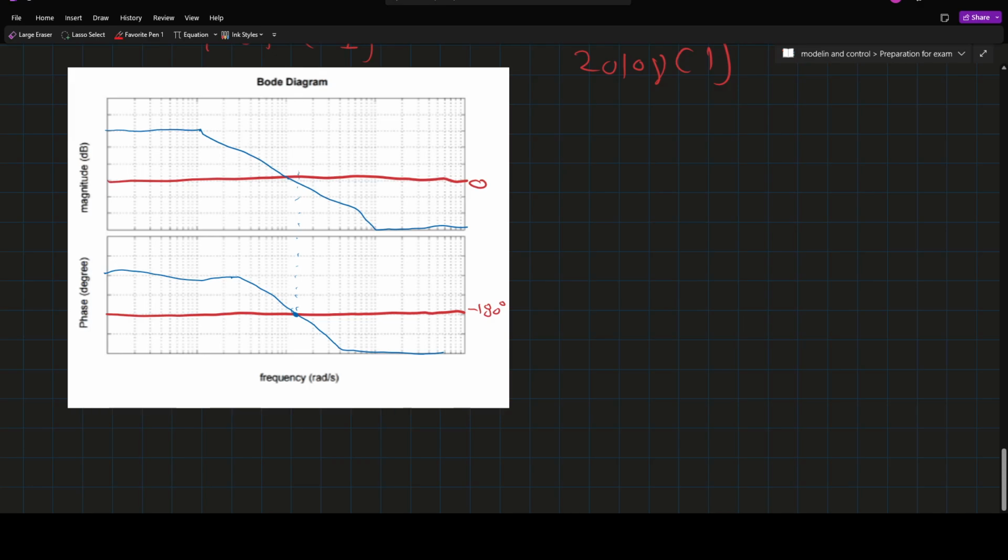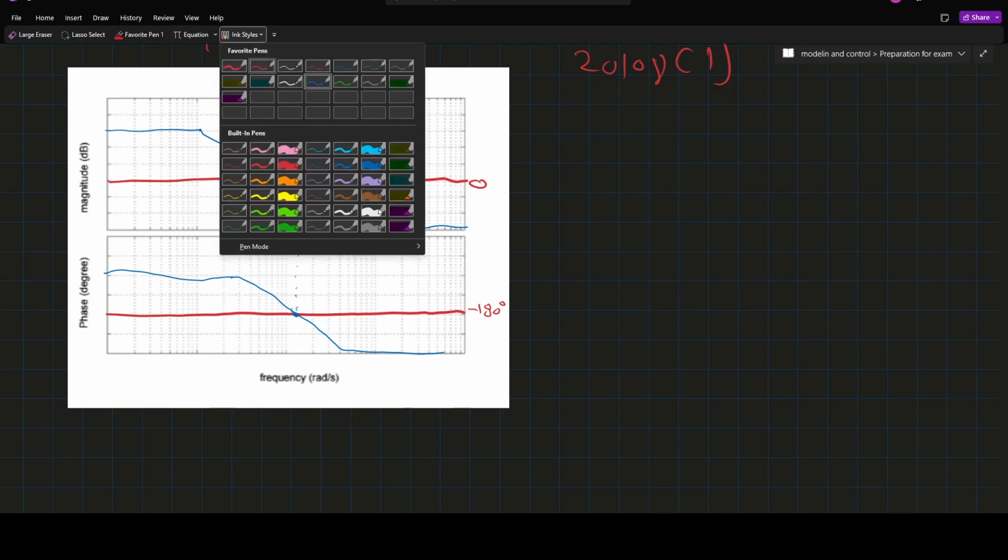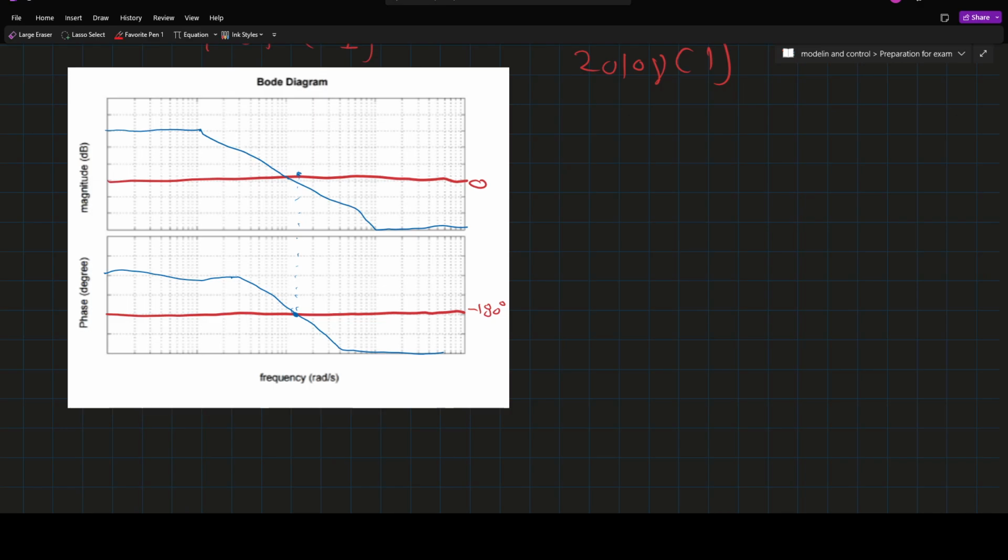So we need to make sure that when we add a gain, our crossover never makes it to this point. Because if we add a gain, this is going to go up.